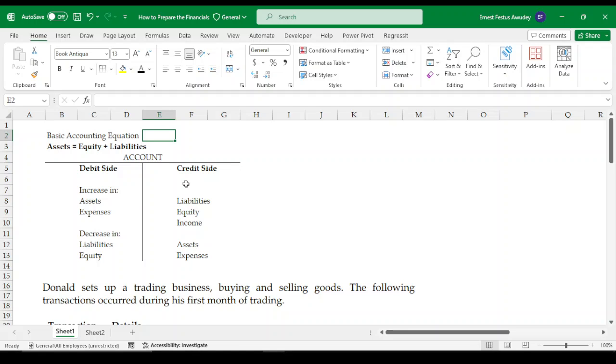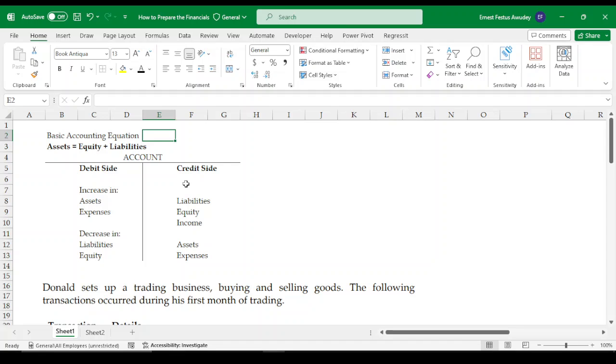Now, what is accounting? Accounting, as we all know, is an art, the art or a system of recording. First of all, you need to recognize a transaction. You measure. After measuring, you record. After recording, you summarize.